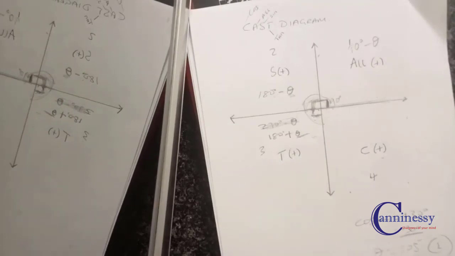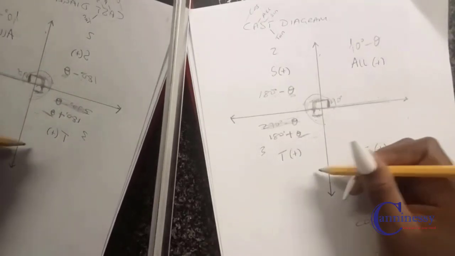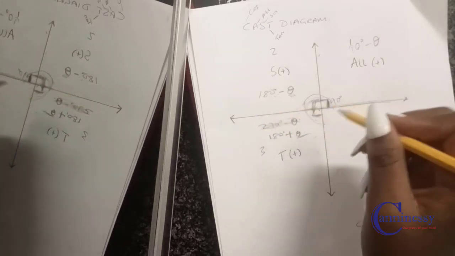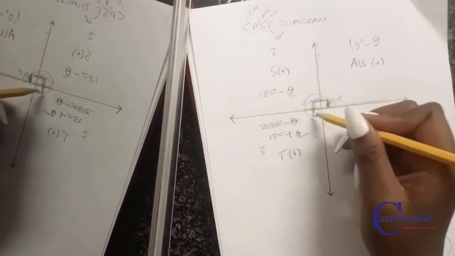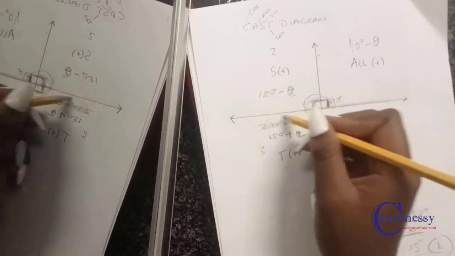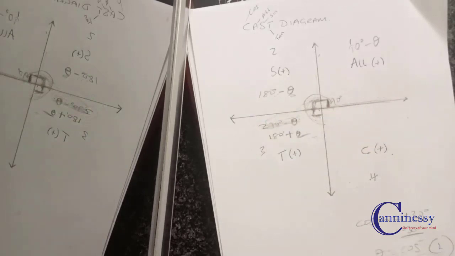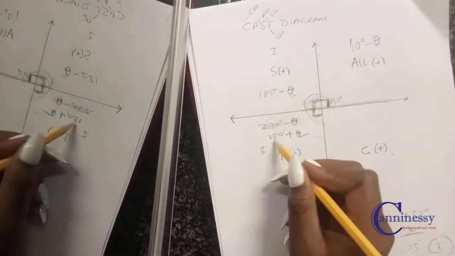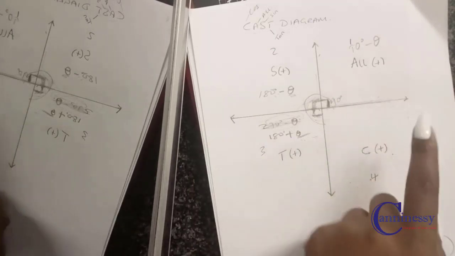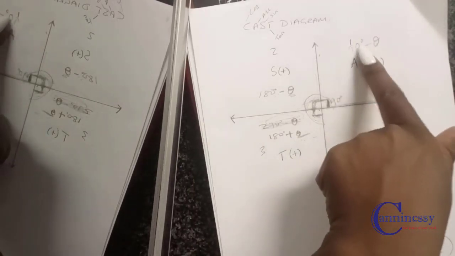180 plus, okay. Quadrant 3 is the only quadrant with this exception. We just don't use 270. We only use 180 plus. But if you want here, it's okay.